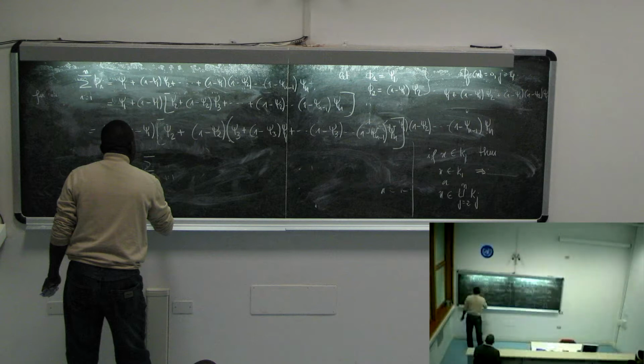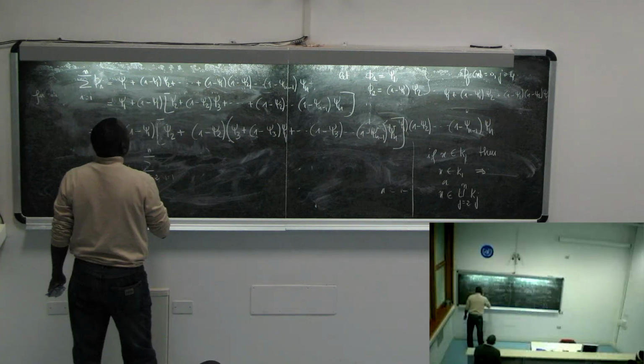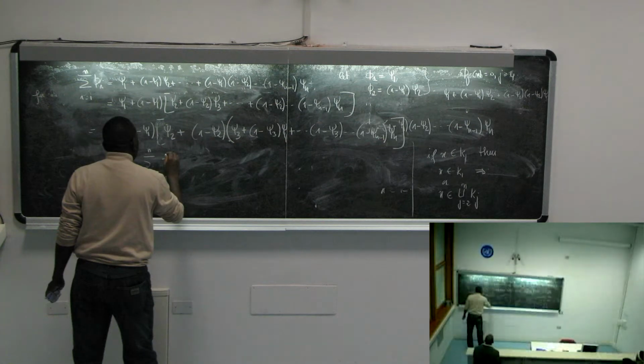So we sum for j equal 2 to n of the product for i equal 1 to j, or j minus 1, but put j first. We have 1 minus psi i for i equal 1 to n minus 1, and we have psi j.